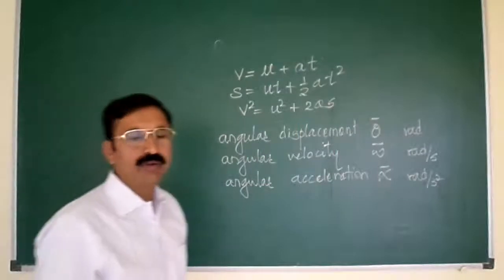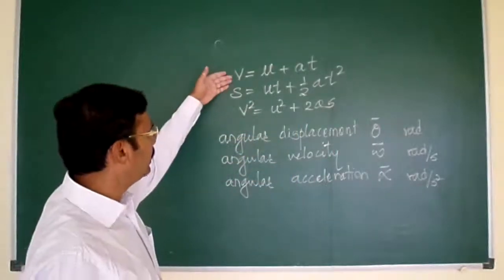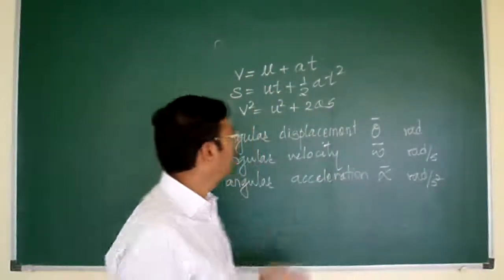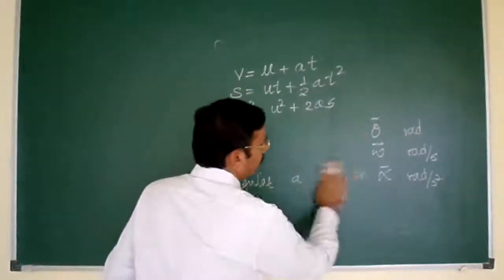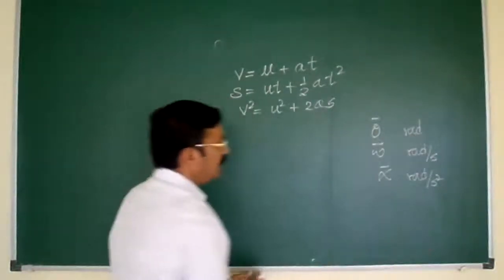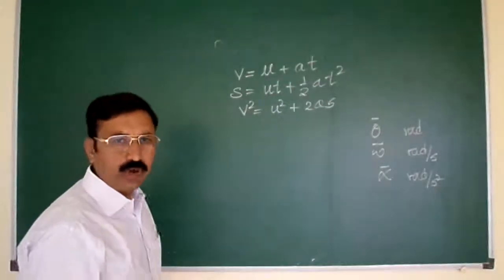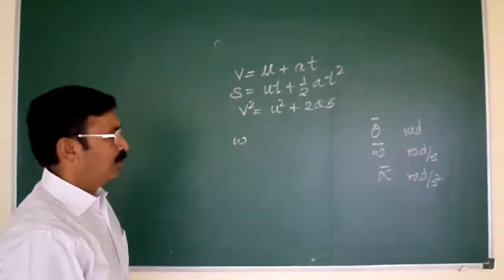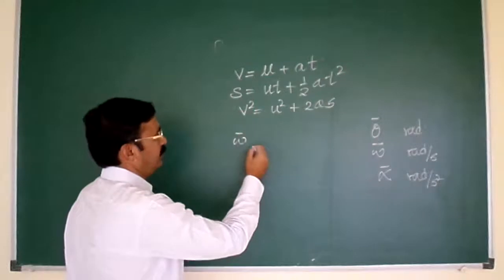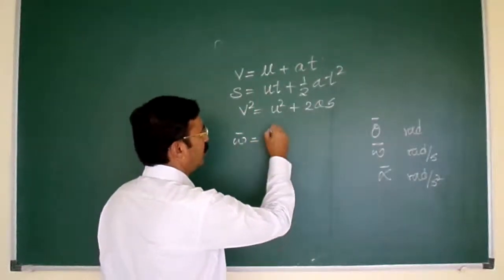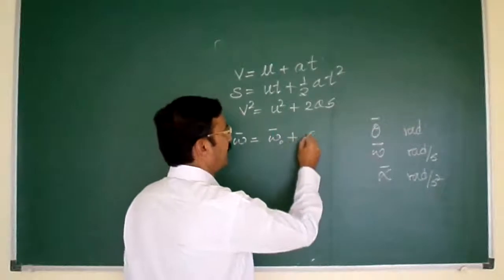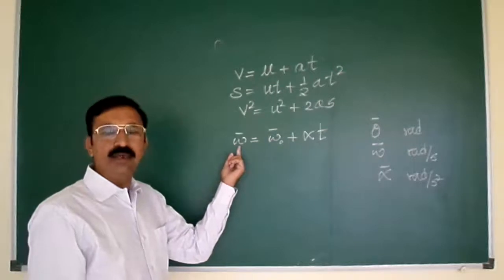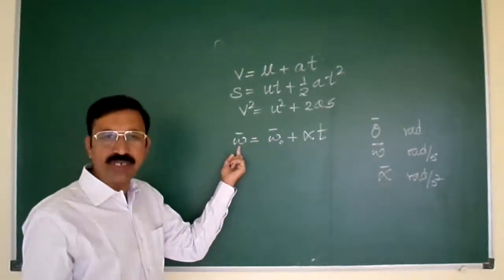Like the linear motion, we have kinematical equations. There is a striking similarity or analogy, as we are able to give the kinematical equations for angular or circular motion as omega bar will be equal to omega naught bar plus alpha into t, where omega is the final angular velocity or angular velocity after time t.